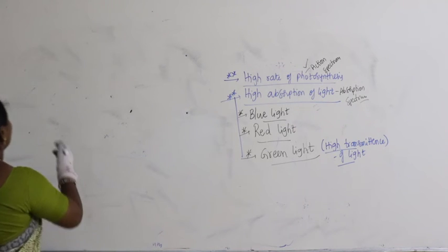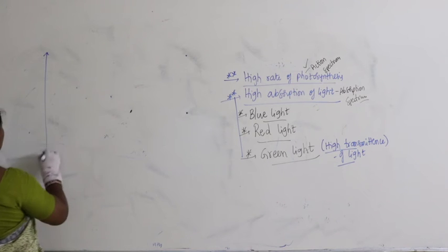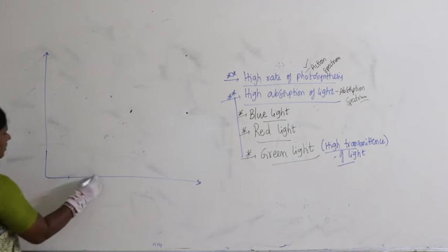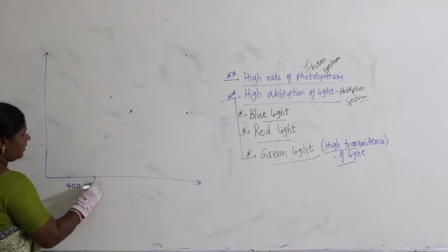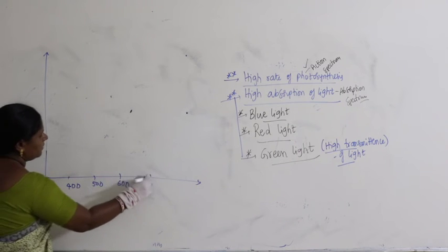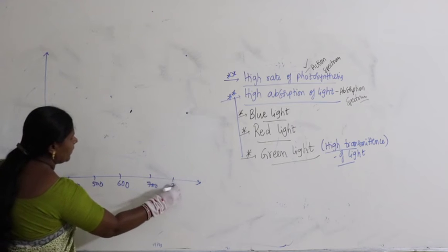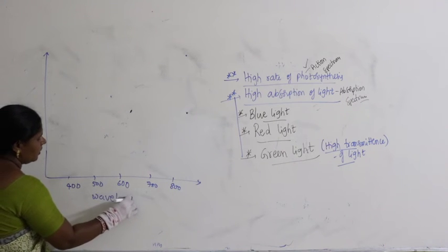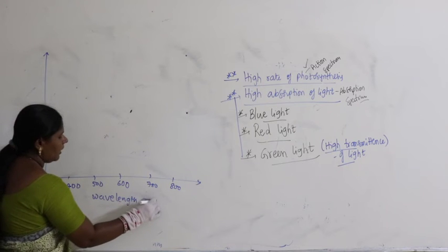So here we are going to draw both, same like 400, 500 or 600. The x axis is the same, that is wavelength in nanometers.